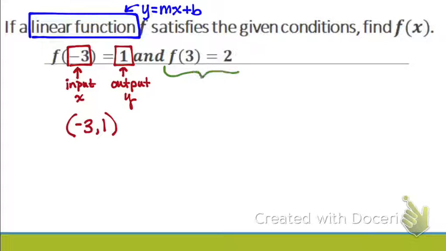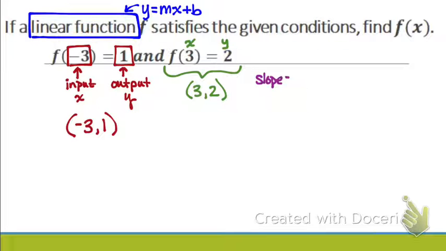So what do I know then from this? Same thing. 3, 2 is on the line. If I have 2 points, is that enough information to find my slope? Yes. How do you find slope again? Yes.